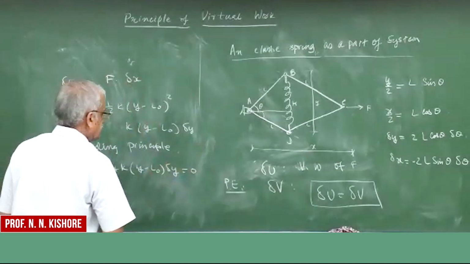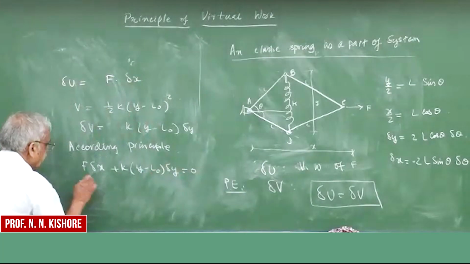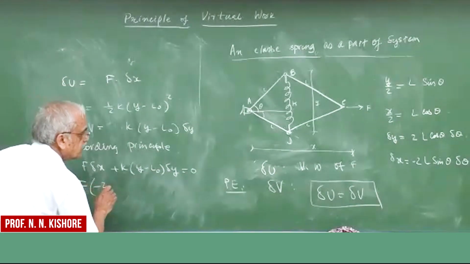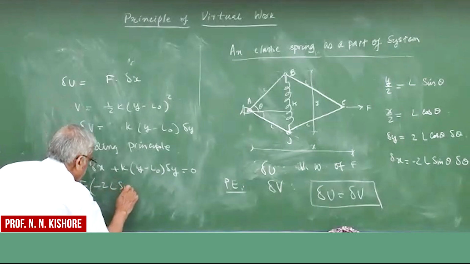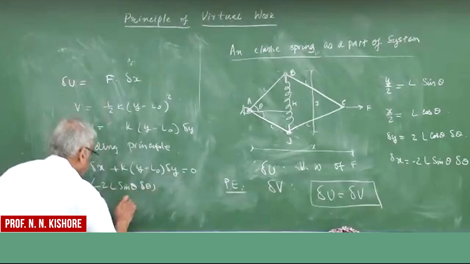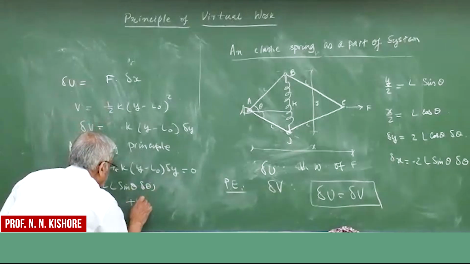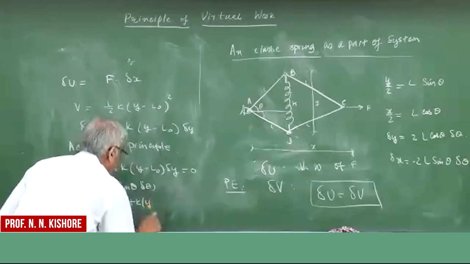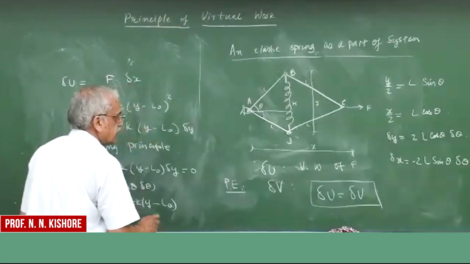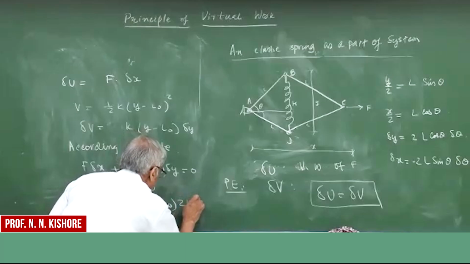Okay, so if you do that, then coming back here, we have F into 2L sine theta delta theta, plus K into Y minus L delta Y, where delta Y is 2L cos theta.